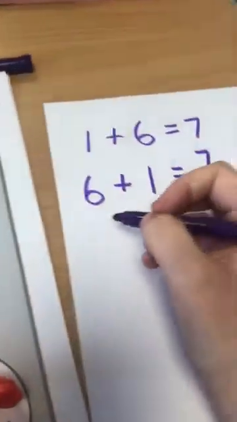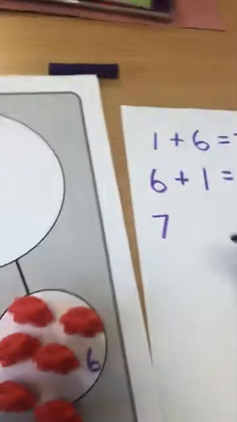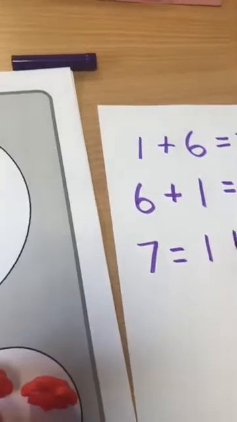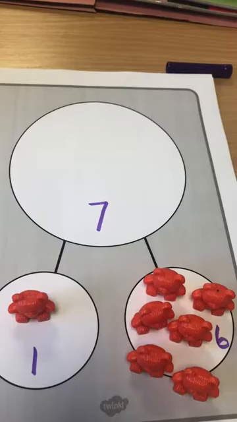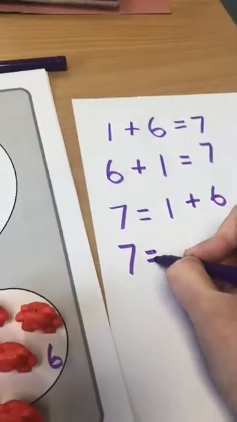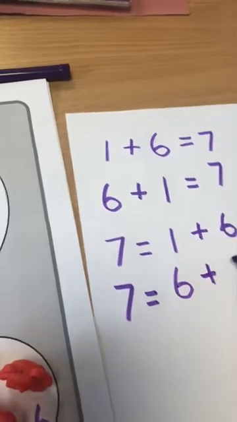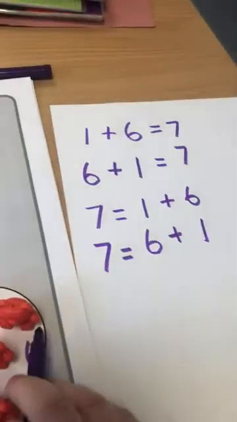We also know that 7 is the whole and 7 is equal to 1 add 6. We also know again 7 is the whole and we can make it 6 add 1.